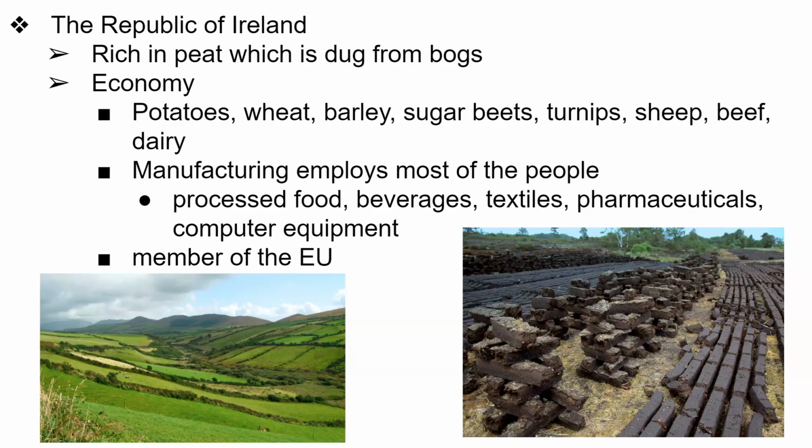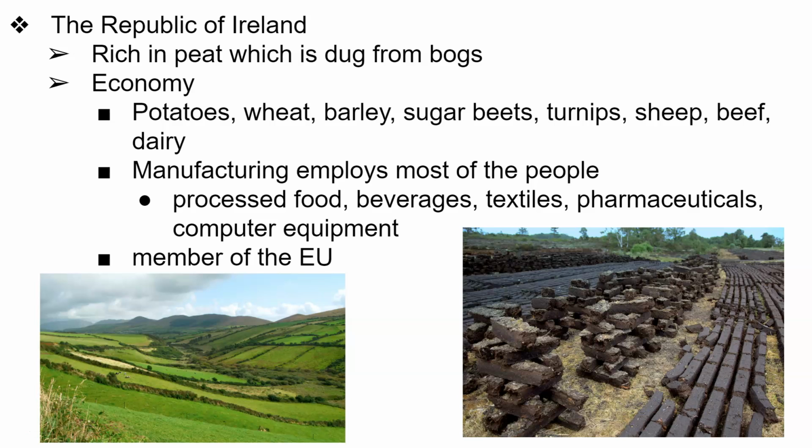Certainly potatoes, wheat, barley, sugar beets, turnips, and of course sheep, beef, and dairy also making up the livestock as a portion of their agriculture. Manufacturing does employ the most people, but it should be noted that, again, agriculture plays a bigger role in Ireland than it does in the UK.